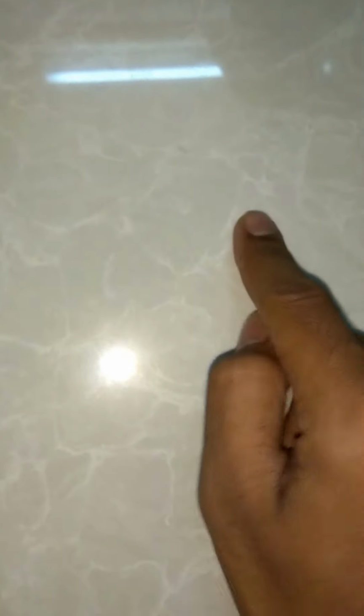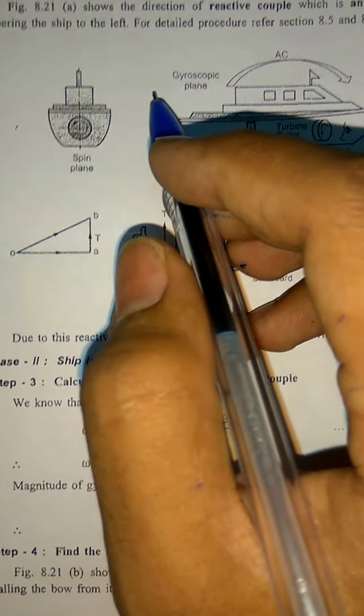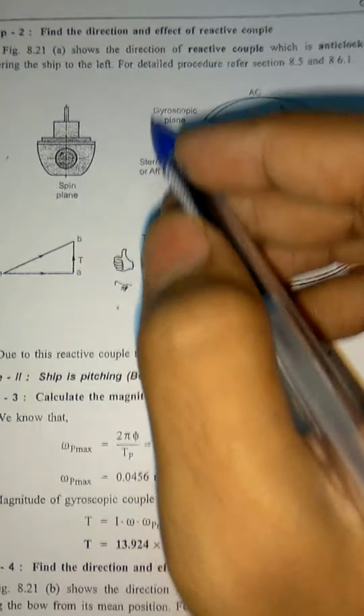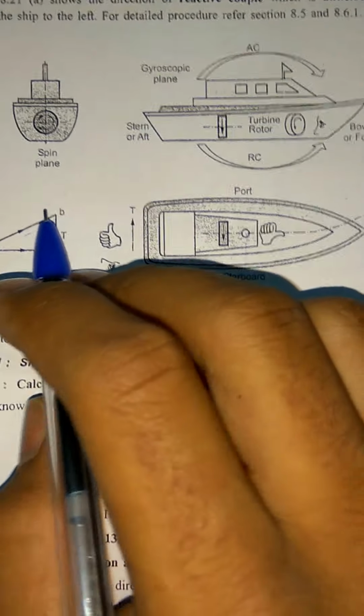Okay, so OA, 2 points are fixed. OA. Now it is taking a left turn, so it will go up. OAB. So this will be the triangle. I curled my fingers. This is clockwise from the back end, anti-clock from the front end, and it is pointing towards right. Okay, so this is the diagram. Now OAB, that's your diagram, and you are done with the numerical.